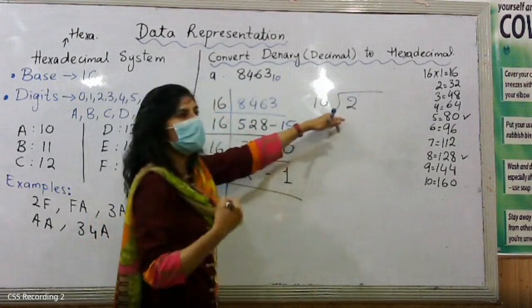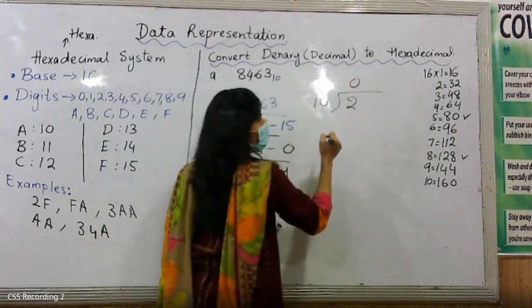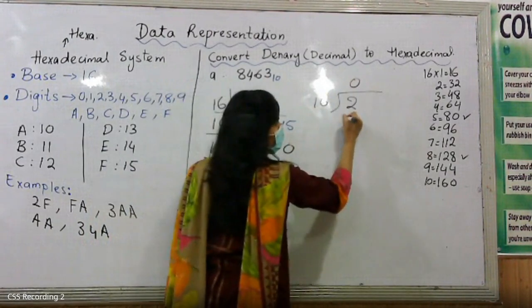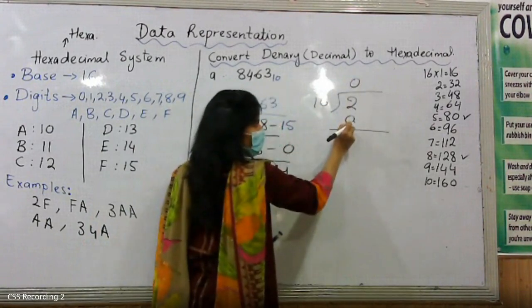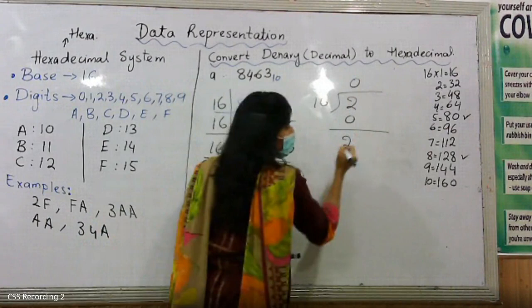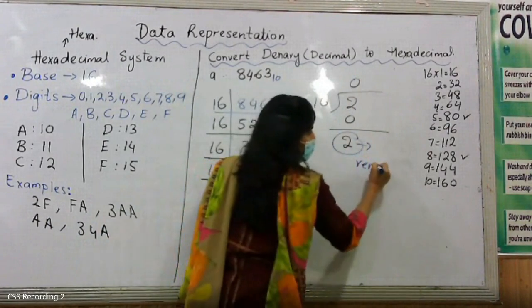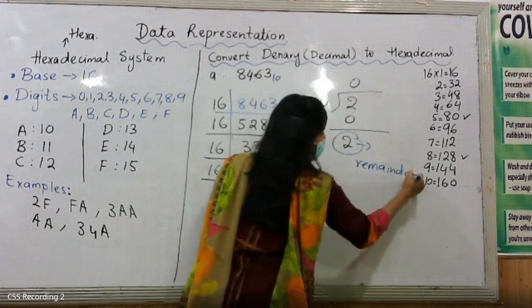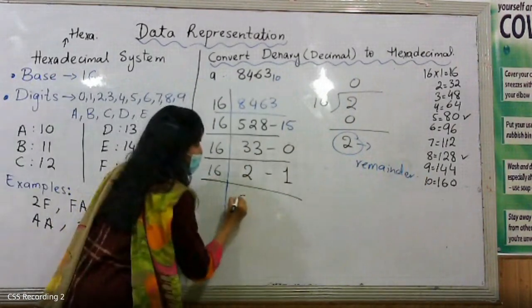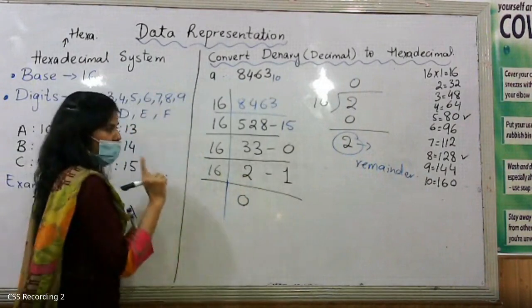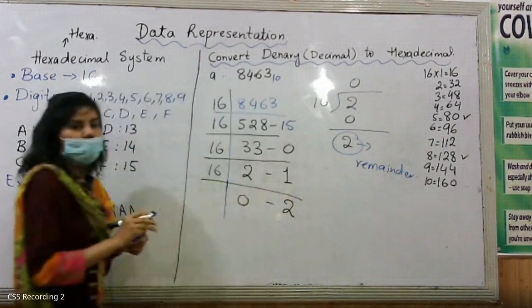Is it possible? Yes. How? 16 times 0 is 0, and we got the remainder 2. We can say that 16 times 0 is 0, and we got the same remainder, 2.